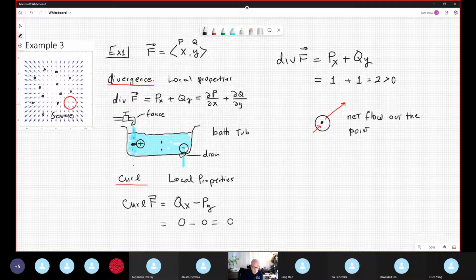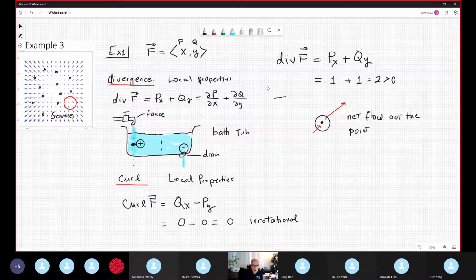It's 0 because our vector field is irrotational. Because the curl, guys, gives me a measure of the rotation of the vector field. In this case, you see that this vector field does not rotate. It's completely radial.